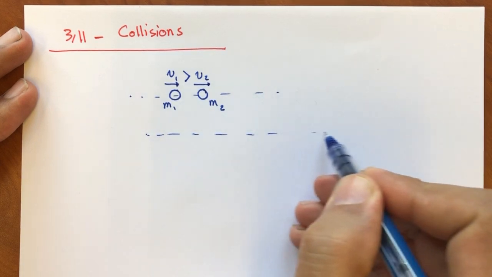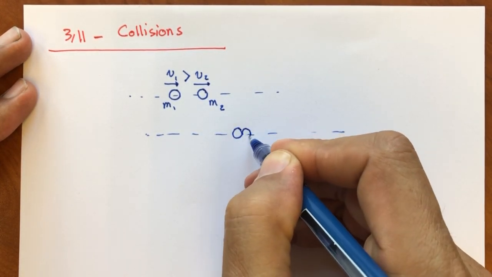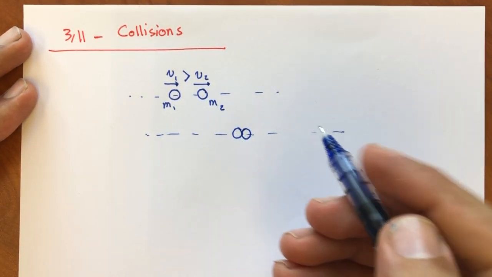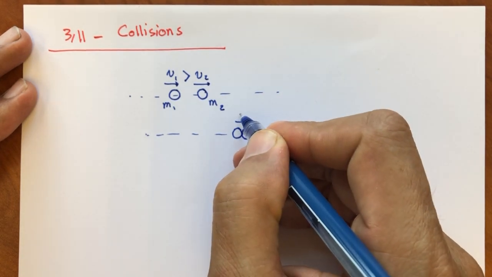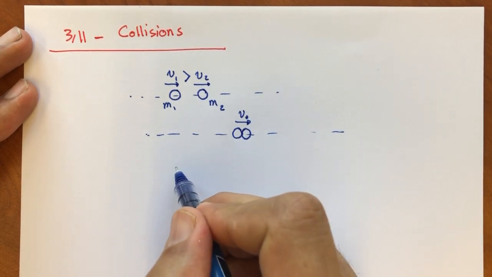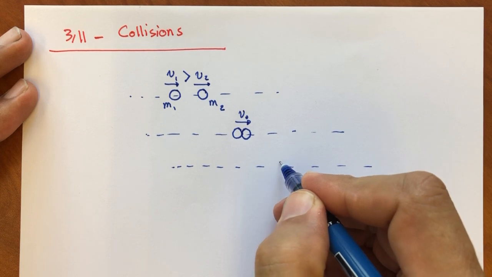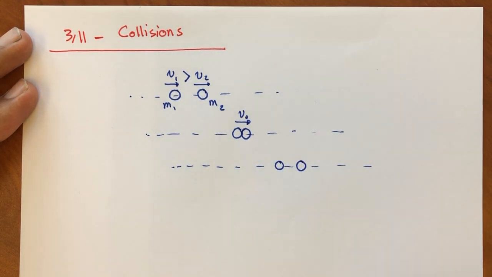So after a few moments, these two are gonna collide, and for a moment, both of them are gonna move with the same velocity, right? So let's say that velocity is v naught. And depends on the material property of these two, they're gonna separate with different velocities.